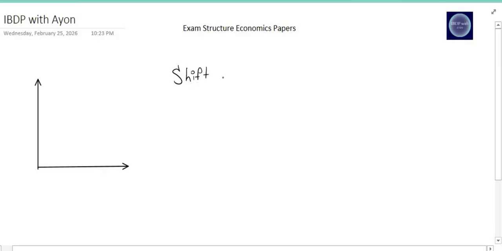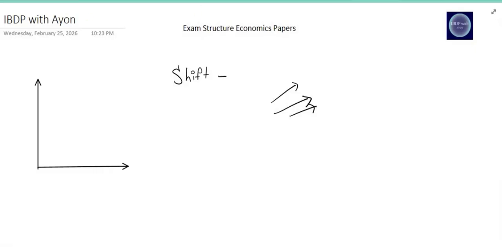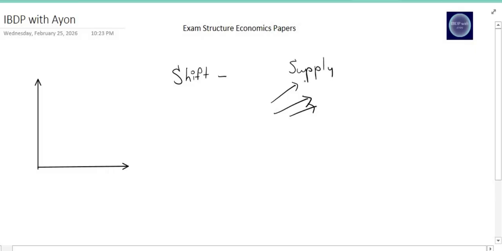if there is a shift in the curve, that means it will either go leftward or rightward. And this is the original curve. This is for supply. And for demand, this is the original curve, and this is a leftward shift, and this is a rightward shift.